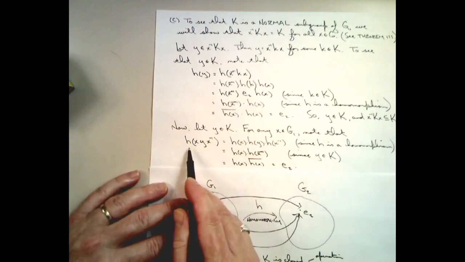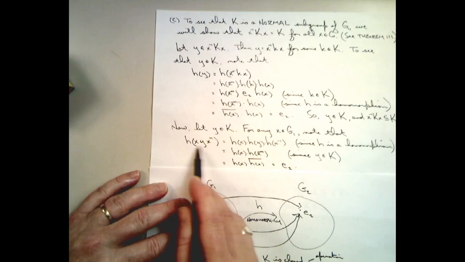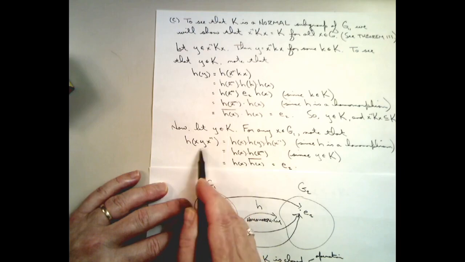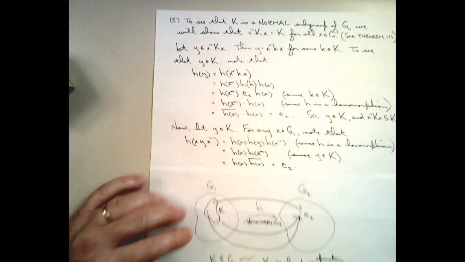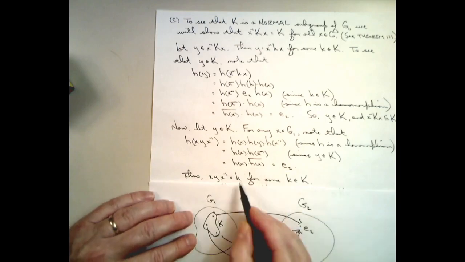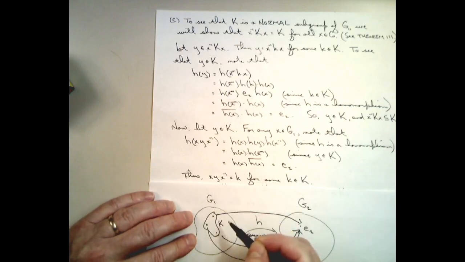And so this product is in our vanishing set, right? So there must be something in our vanishing set equal to that product.